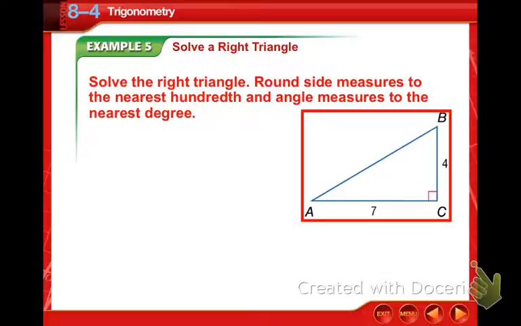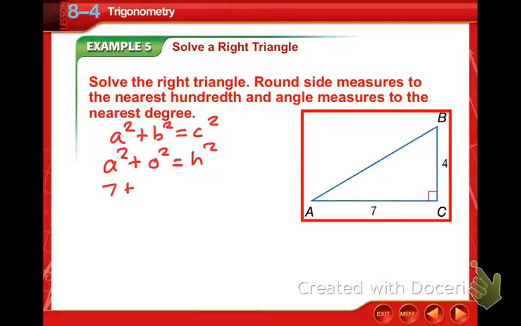So our a squared plus b squared equals c squared is basically our a squared plus o squared equals h squared, right? So a here is either 7 or 4, doesn't matter. O is, again, either 7 or 4, and since we already used 7, it's going to be a 4. And our hypotenuse we don't know yet. We're about to find that out. So 7 squared is 49. 4 squared is 16, equal to h squared.